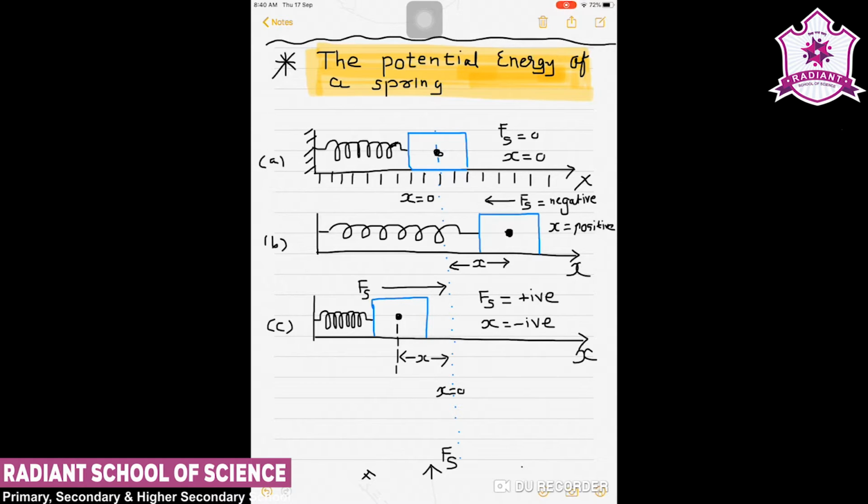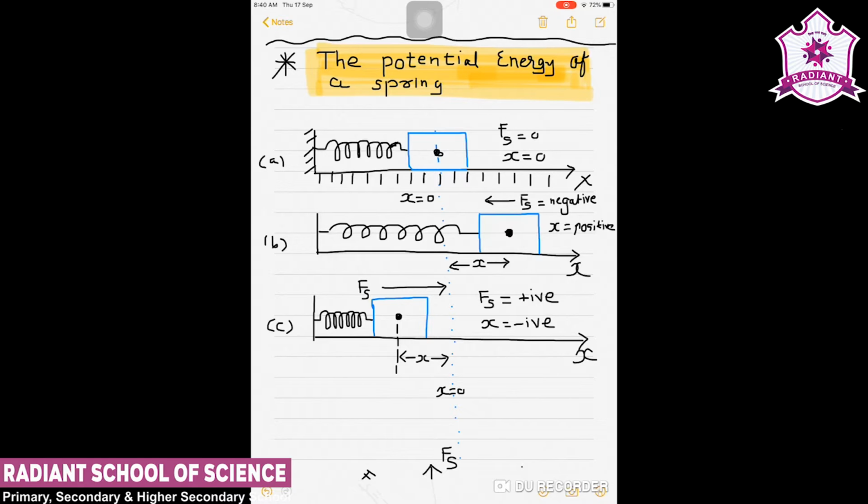So the spring is attached to a wall and the block is attached to one end of the spring. Now when we apply force on it, we can have two types of forces over here.